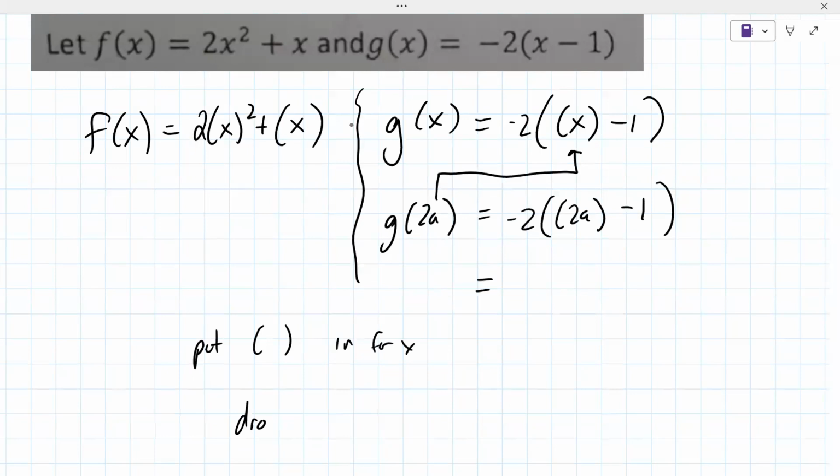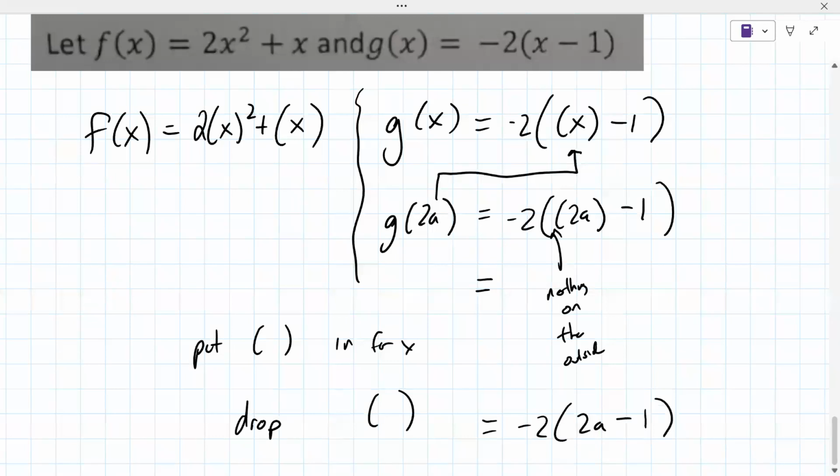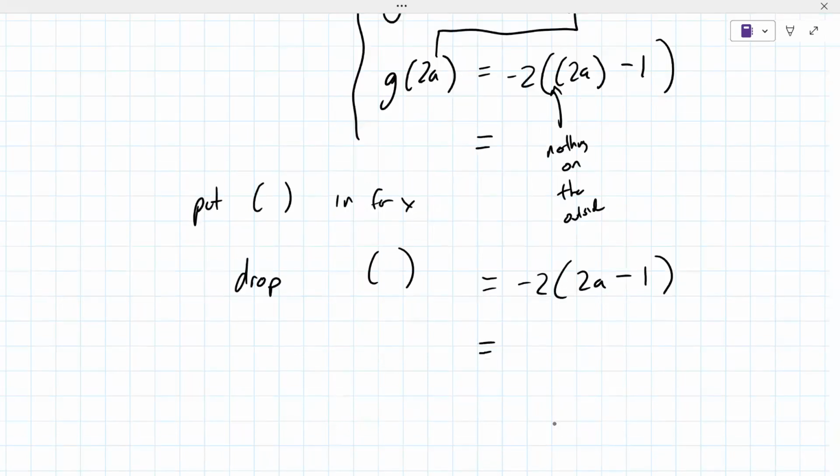You can drop parentheses after you do whatever's on the outside of it, but there's really nothing on the outside of it. So it's not needed. So it's really -2 times 2a minus 1. And then you can distribute the -2 to both. So this becomes -4a plus 2.